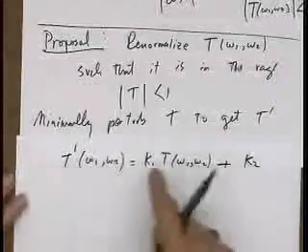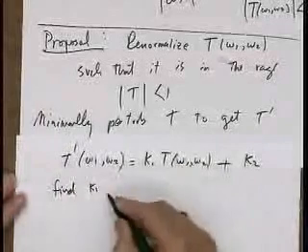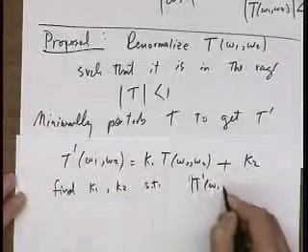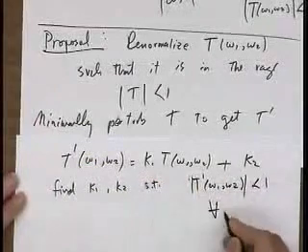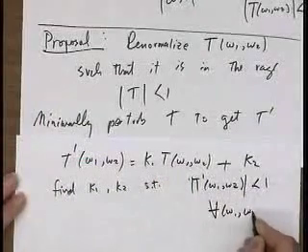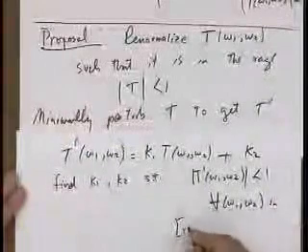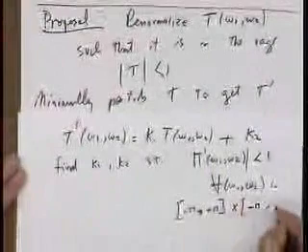And now you could say, well, how do I find k1 and k2? Well, our approach is to find k1 and k2 such that magnitude of t prime of omega 1 and omega 2 is smaller than 1 for all omega 1 and omega 2 in the range of interest, which is minus pi to plus pi times minus pi to plus pi.